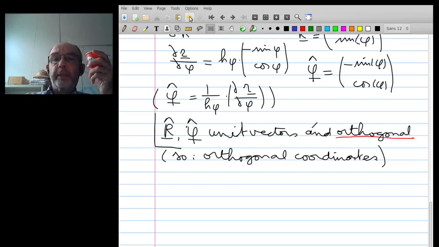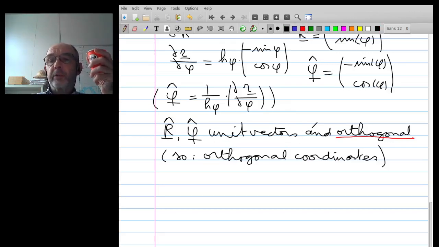Therefore, if you go from the XYZ space to another space, you like it when that other space also has coordinate directions which are perpendicular to each other, and that they have length 1.